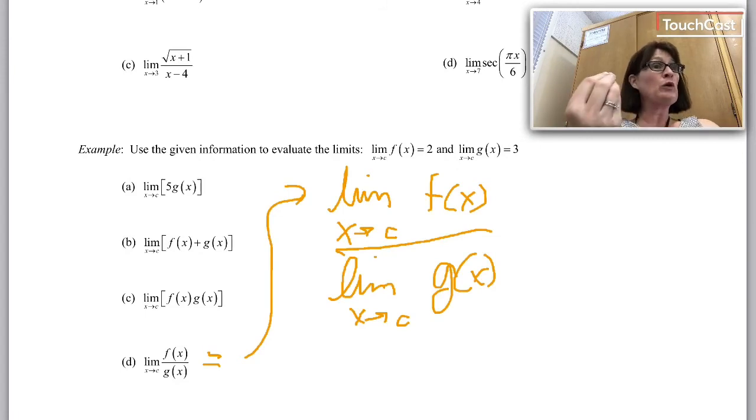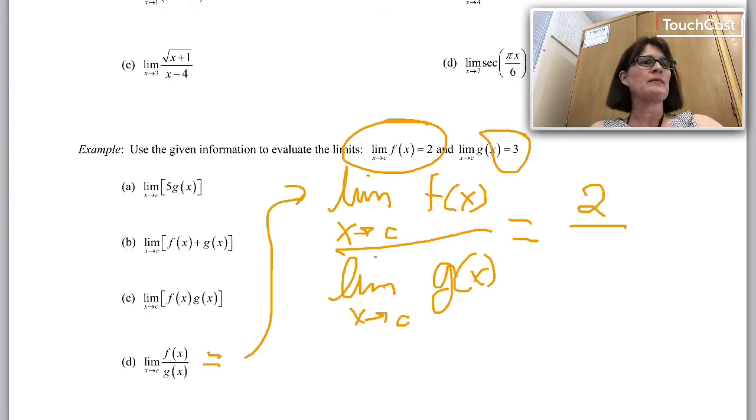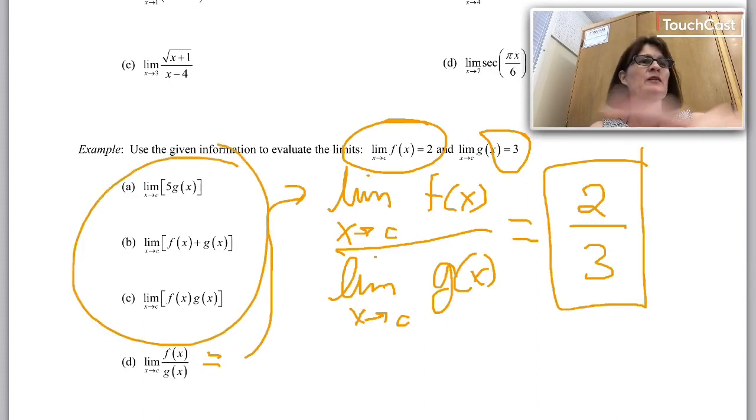So the limit of that quotient is the same as the quotient of the two limits. I'm going to find the limit as x approaches c of f and the limit as x approaches c of g, and I'm going to divide the two. Well, I've been given those two values. The limit as x approaches c of f, I've been told, is 2. And the limit as x approaches c of g is 3. So final answer, 2/3. So try to apply one of those rules from that top table to finish up those three.